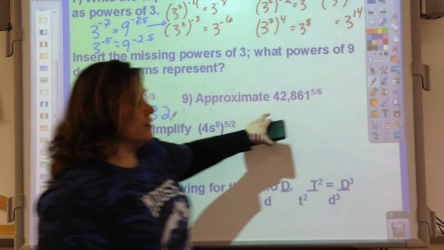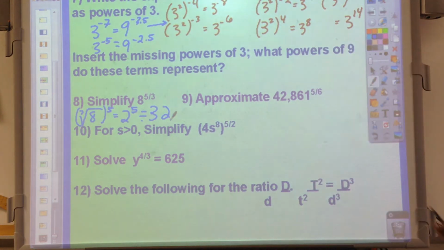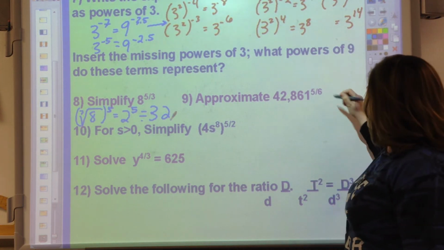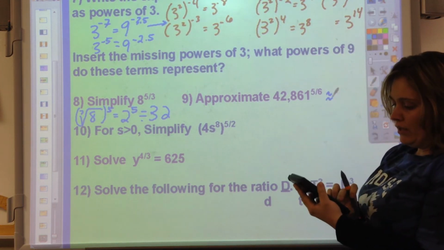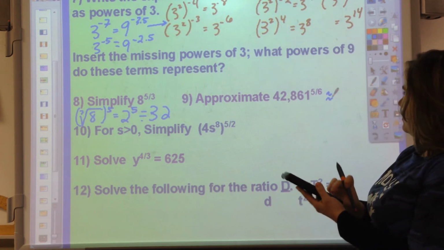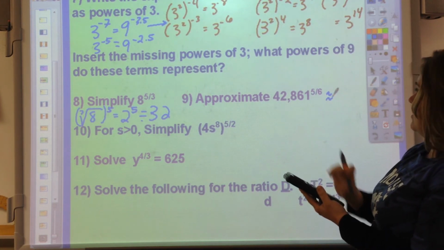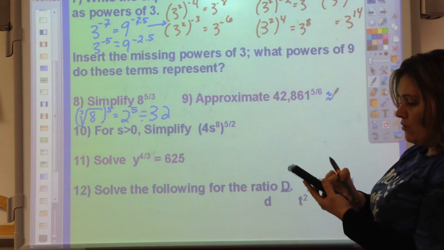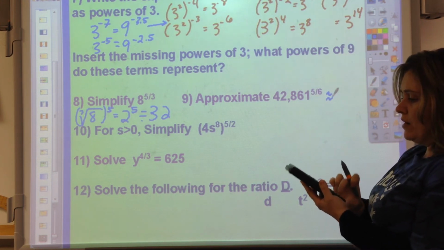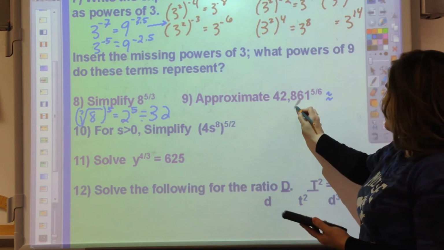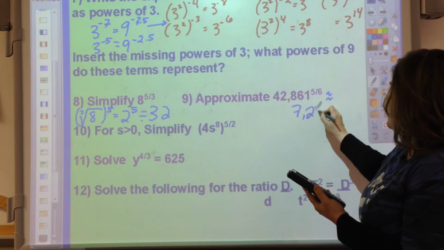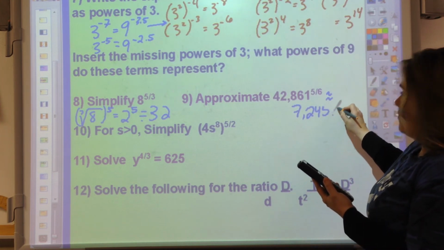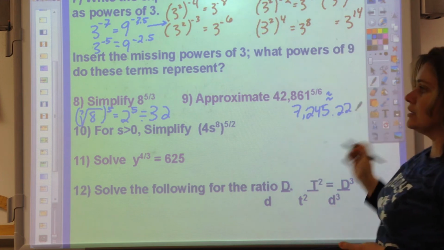Now here, I don't expect you to know powers like this one off the top of your head. So on your calculator, go ahead and plug in 4,861 and raise it to the power of 5 divided by 6. And we should get approximately 7,245.22. Always take it to 2 decimals.